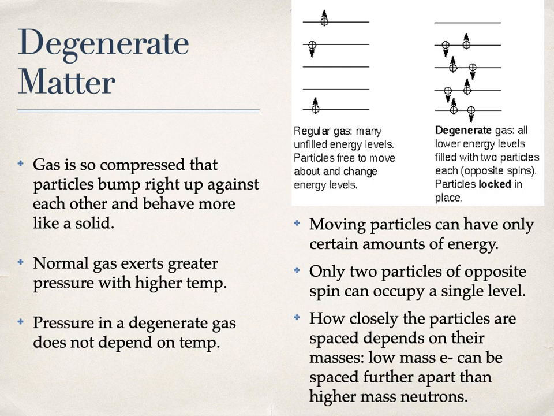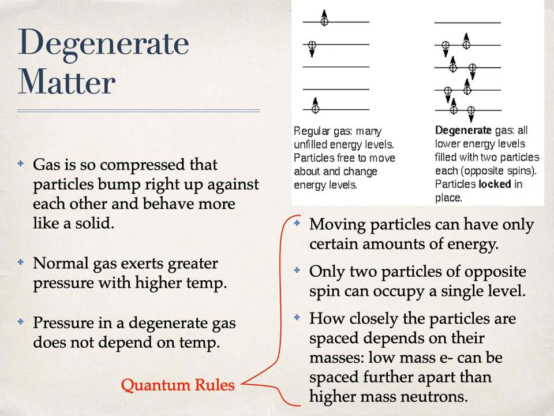Okay, so what we're using to describe all this stuff are quantum rules, and here they are over here. This is a little bit more advanced, but essentially what is happening here is that moving particles can only have a certain amount of energy. And there's characteristics in quantum mechanics that we call spin, and particles of opposite spin can only occupy a single level.